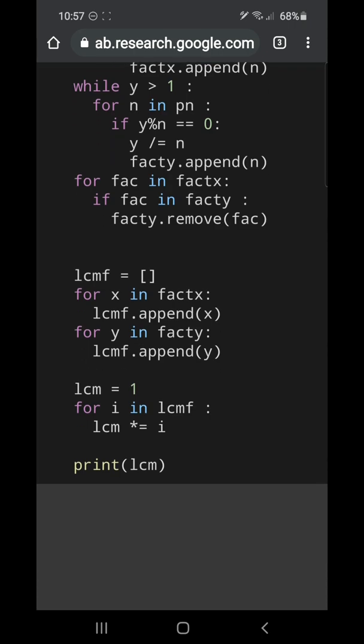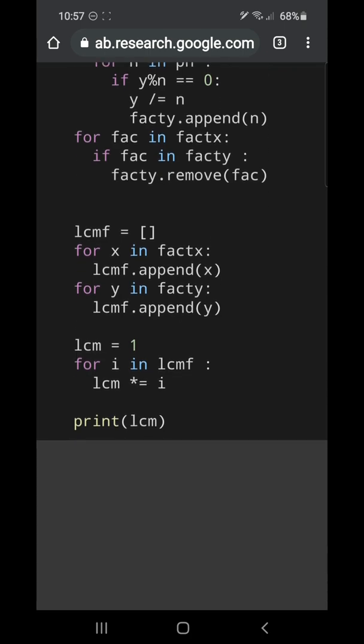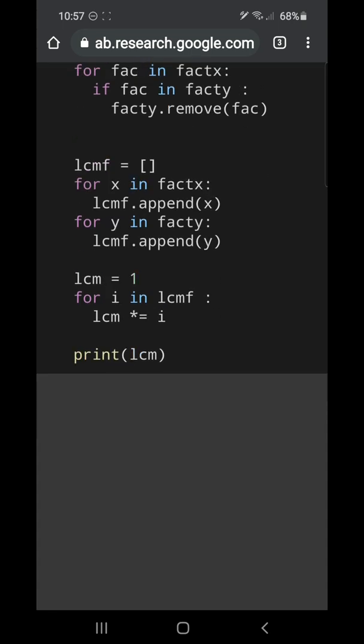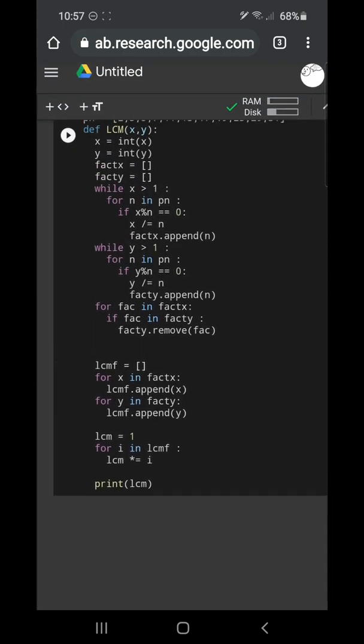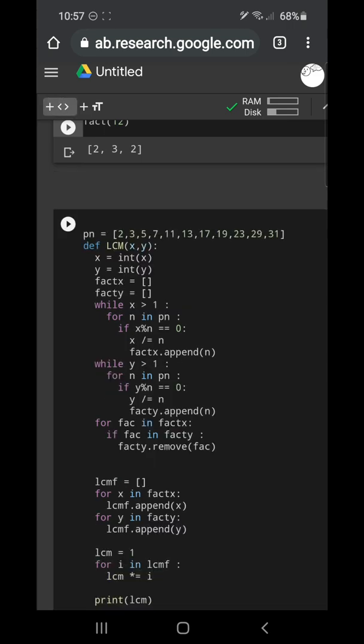Now when this list is created, the LCM will be 1. First of all, we will take the variable as that. Now for i in LCMF, for every number in LCMF, we will multiply all the numbers by itself. So now we will get the LCM of the two numbers. Okay, I will show you.